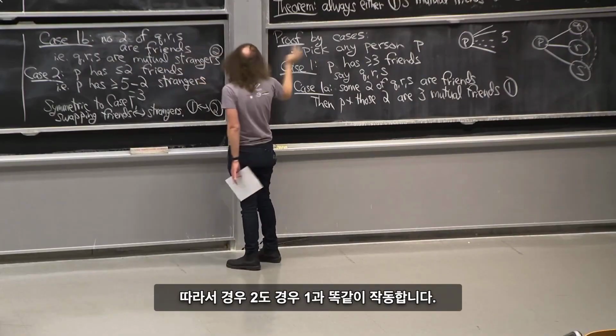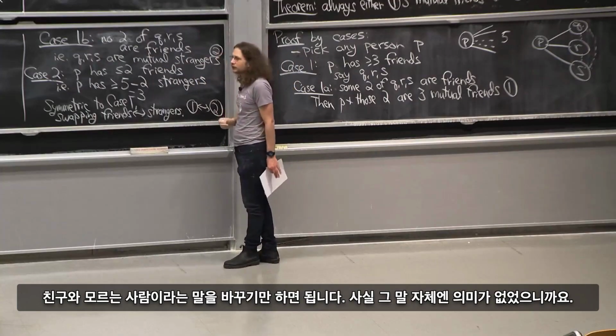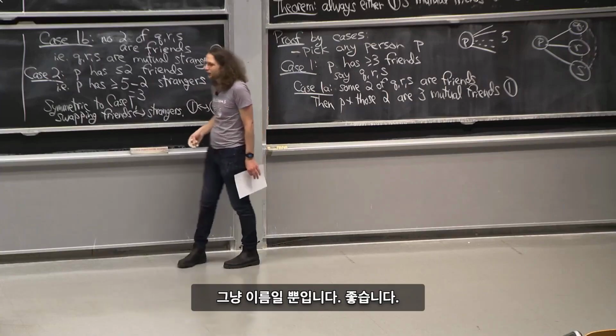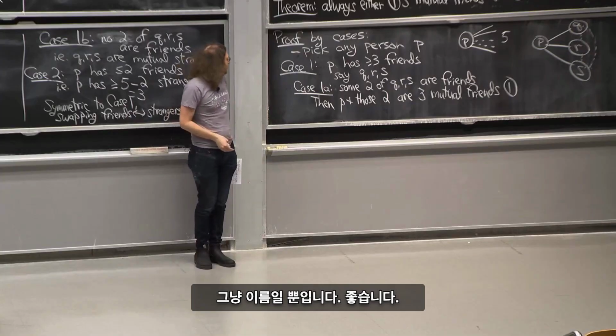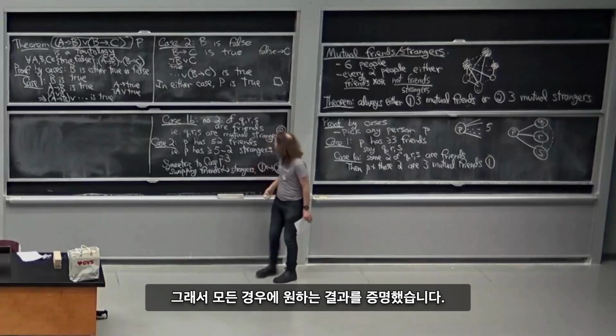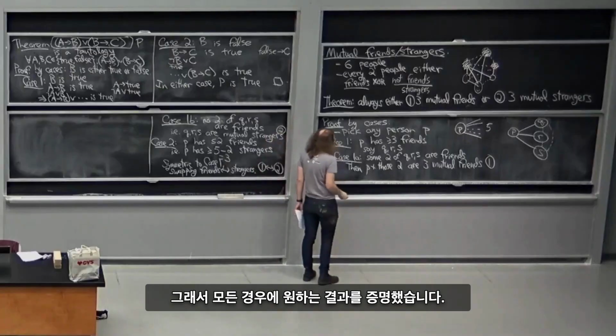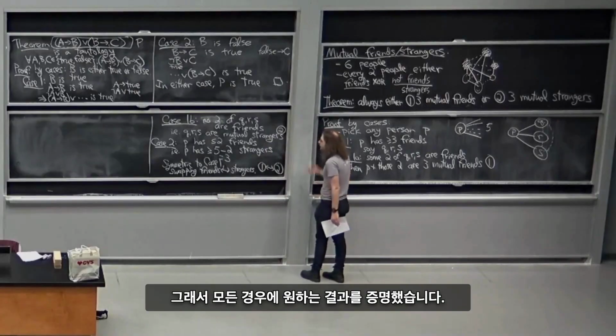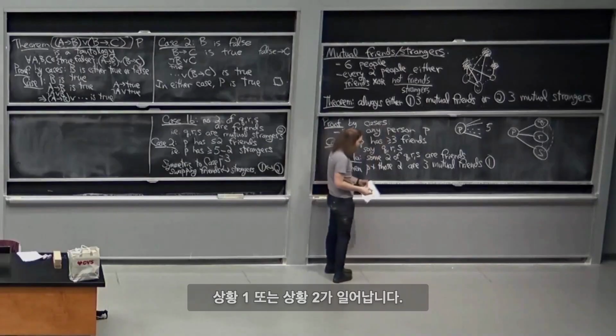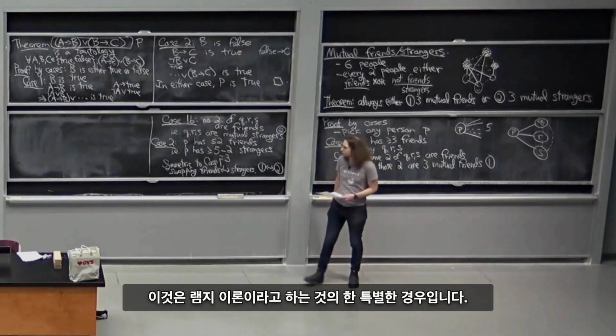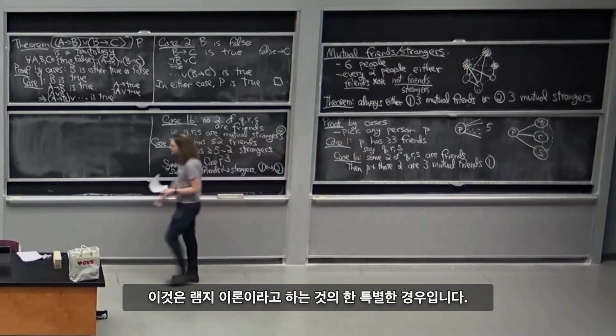So case 2 works just like case 1, just swapping the words friends and strangers because they didn't really have any meaning. They were just words. Cool. So in all cases, we prove the desired result, either situation 1 or situation 2 happens. This is a particular case of something called Ramsey theory.